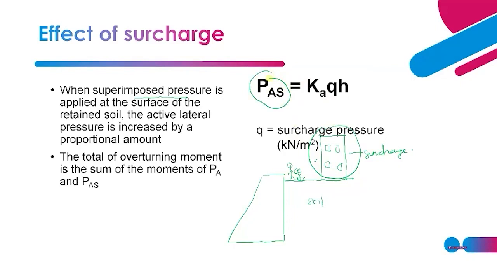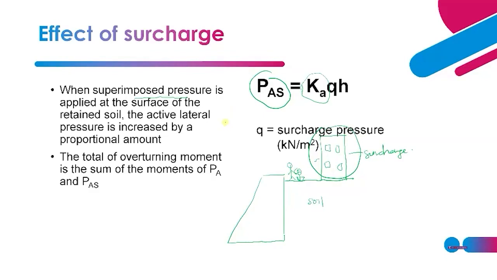Symbol for surcharge is PAS. Sama juga masih lagi pakai KA. Okay, kenapa KA? Because surcharge only ada dekat soil, retain granular material. Surcharge tak ada dekat water. Water is not like soil. Soil dia, let's say you put anything on top of the soil, dia soil tu akan mampat kan. Kalau water dia akan melimpah dia keluar.